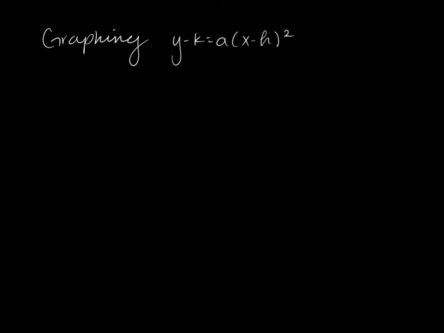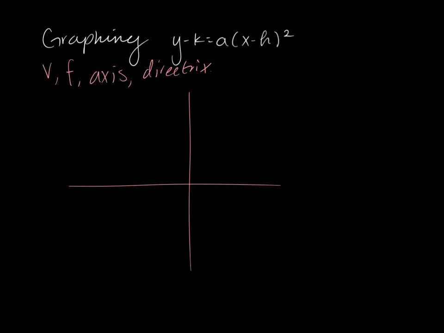So lastly, I want to quickly mention graphing of these. Now I think everyone's just making graphing a little harder than it actually is. So once you have your vertex, your focus, your axis of symmetry, and your directrix, you need to graph each. Okay, so in this case, we'd have a y equals line for our directrix. So let's draw that here. Let's say y equals 4.